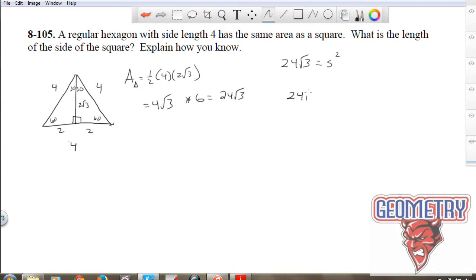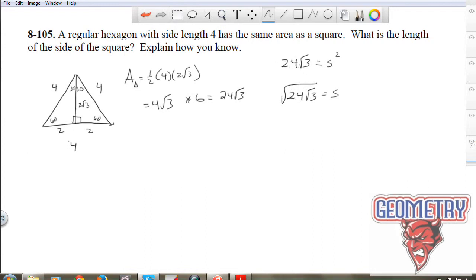So we have the square root of 24 root 3 equals the side length. This probably isn't a very appropriate way of writing it, the square root with a square root underneath it. If I was writing this as an answer, you would probably be expected to just leave it as a decimal.